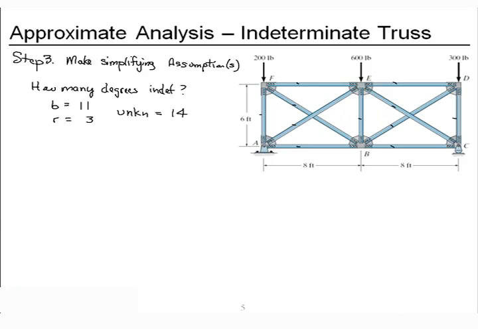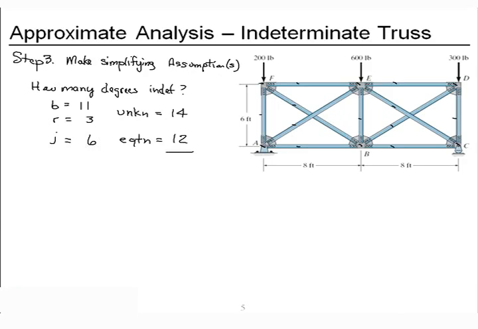Now, equations of equilibrium. We'll count up the number of joints. 1, 2, 3, 4, 5, 6. With 2 equations of equilibrium per joint for a 2D truss, we get 12.